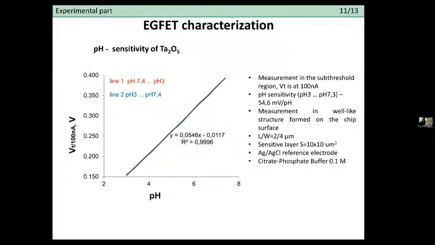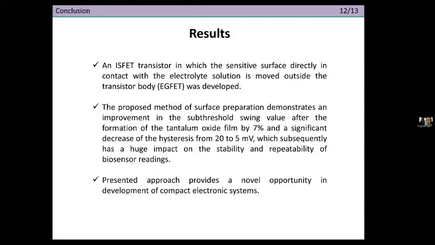So, in conclusion, an ISFET transistor in which the sensitive surface directly in contact with the electrolytic solution is moved outside the transistor body was developed. We proposed a method of surface preparation, which significantly decreases the hysteresis and which subsequently has a huge impact on the stability and repeatability of biosensor readings.